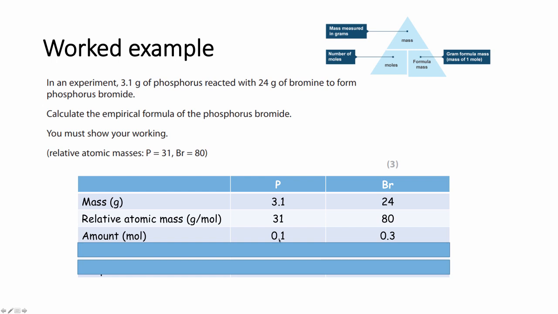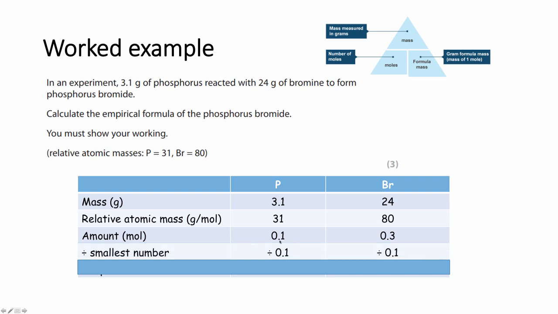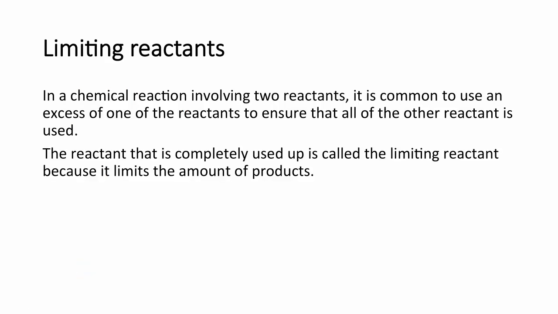So 3.1 divided by 31 and 24 divided by 80 gives me a ratio of 0.1 to 0.3. However, this isn't the simplest whole number ratio, so to obtain the smallest whole number ratio, I divide by the smallest number. 0.1 divided by 0.1 and 0.3 divided by 0.1 equals 1 to 3.